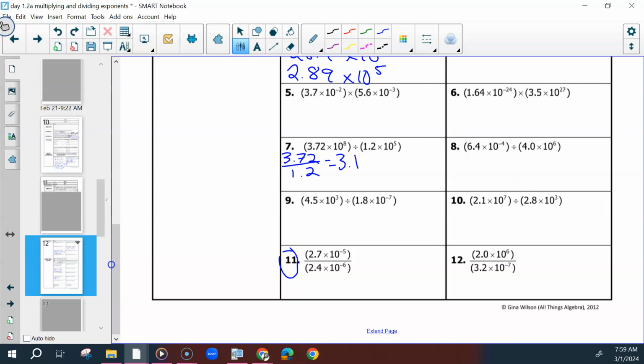And then we are dividing like bases, so we're subtracting the exponents, so that would be 10 to the third. What was it called? When you're dividing like bases, you subtract the exponents.